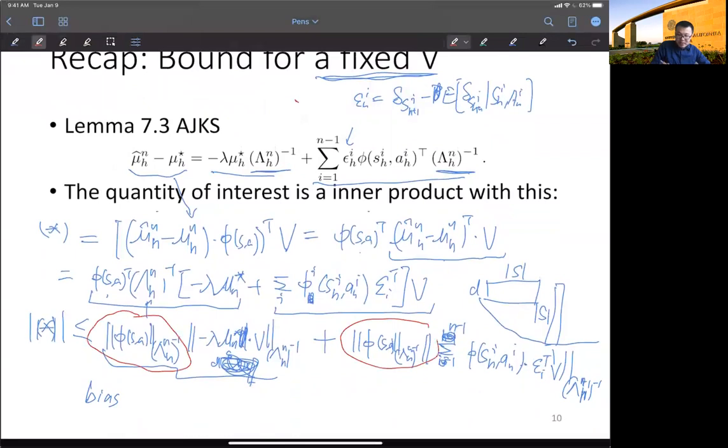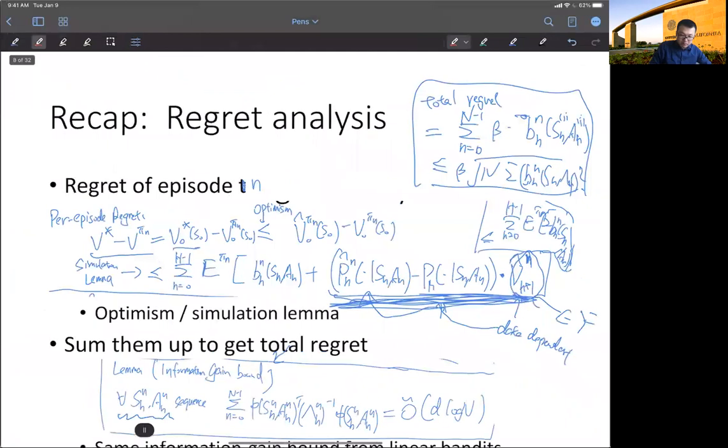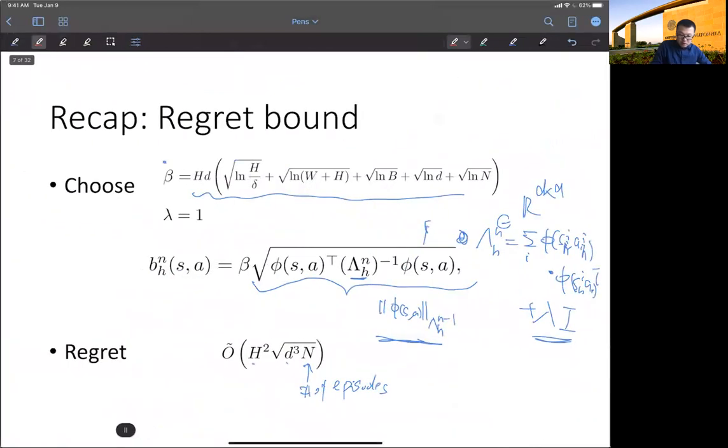These terms are exactly what we want, because we want to bound this using the exploration bonus, and these are terms that come from the exploration bonus. So this is exactly what we want. All we have to do is bound the remainder and call it this beta parameter.